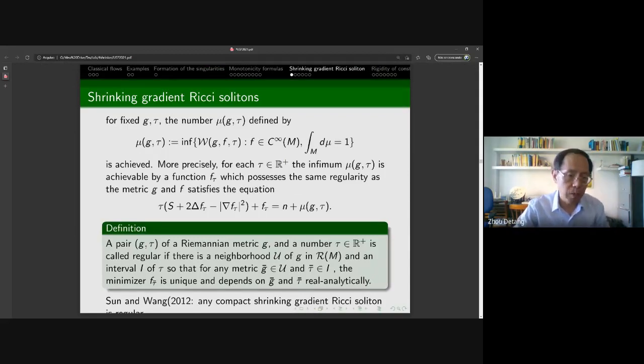If you have any question, you can put it somewhere. It also makes sense to just take an infimum over functions, fixing the tau here. The critical point, the Euler-Lagrange equation for this functional for f, is just like this. That means if you want to find the infimum, you just need to solve this equation.